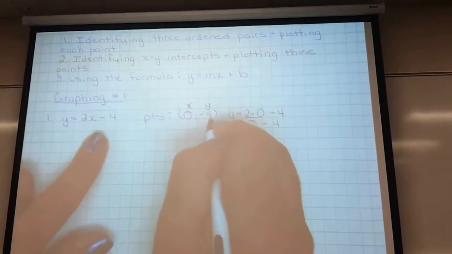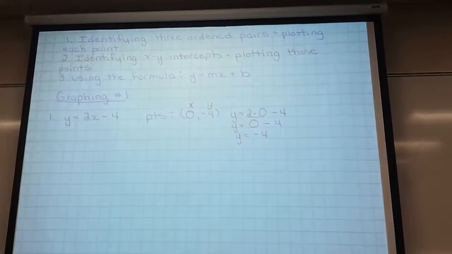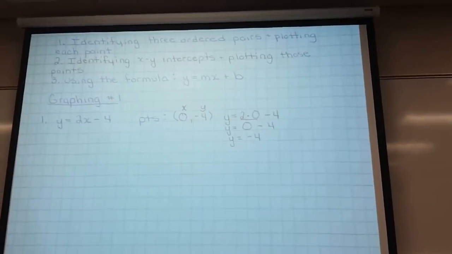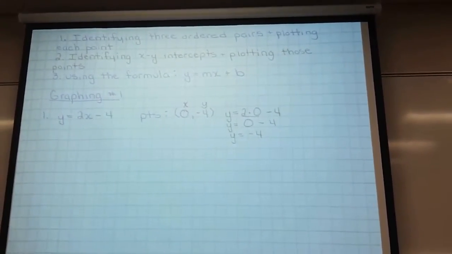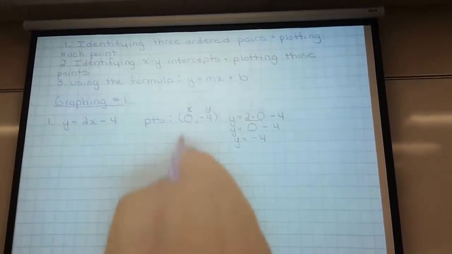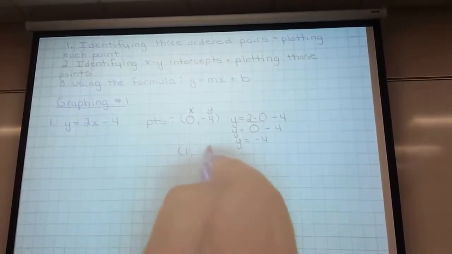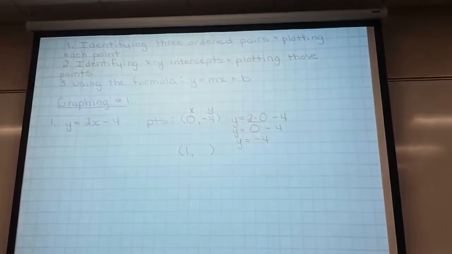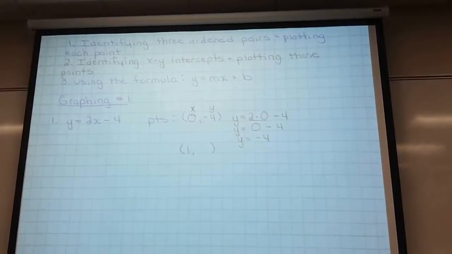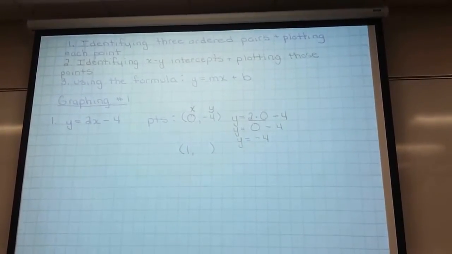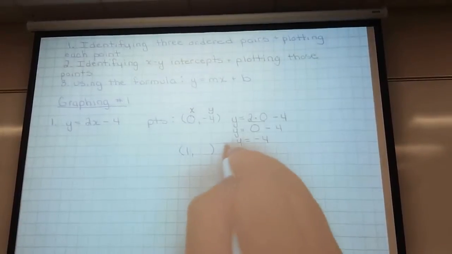And there is 1 point: 0, comma, negative 4. Now we need 2 more. What would be the next easiest number to work with in the world? 1. So your next point, let it be 1 comma something. We don't know what that something is yet. So this time I'm going to put 1 in for x. I'm just mixing them in here.